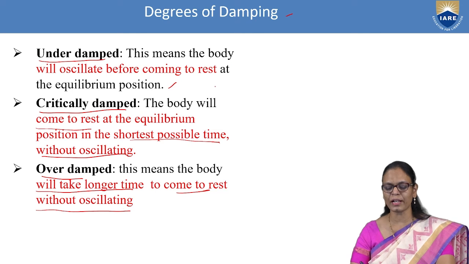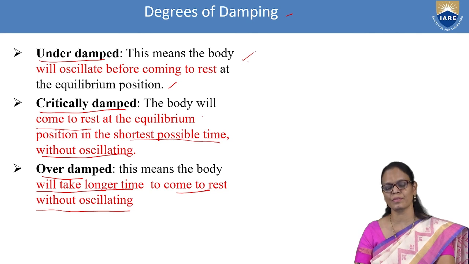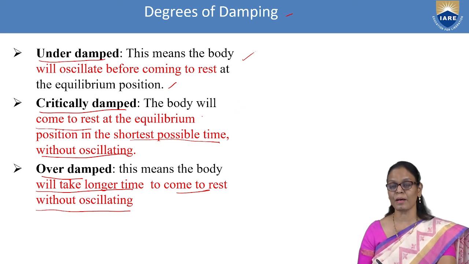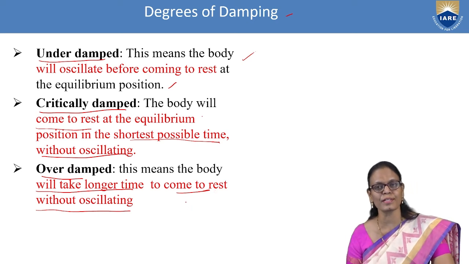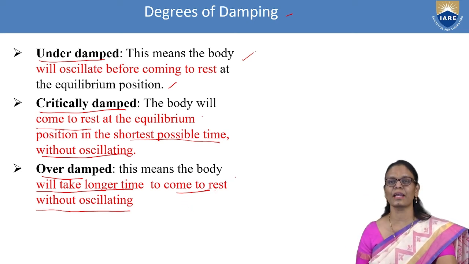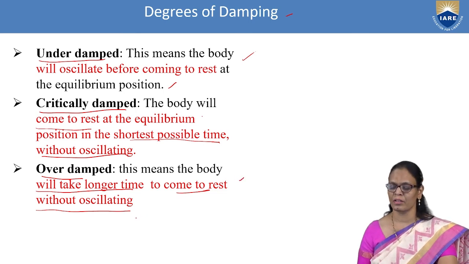All three are required. In some cases we need underdamping, like in stringed instruments. In some cases we need critical damping, like in a door or the recoil of a gun. And in some cases we want overdamping, where it has to come to rest gradually, like in a mattress or the recoil mechanism in a car. We need overdamping.